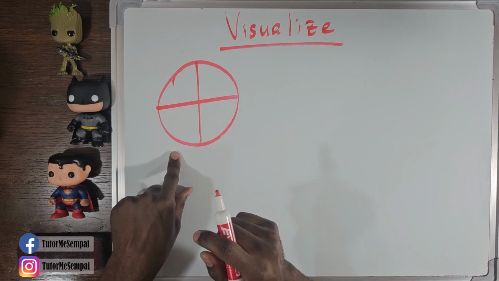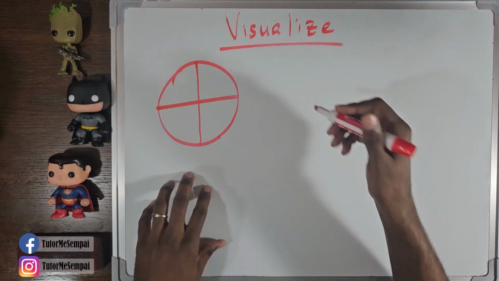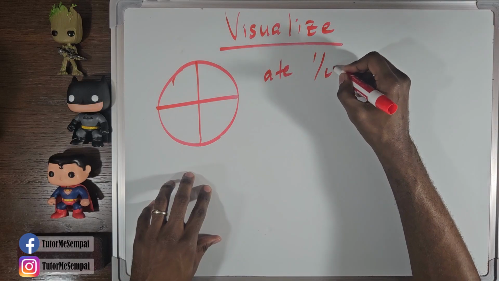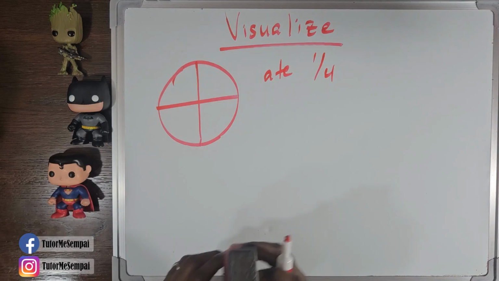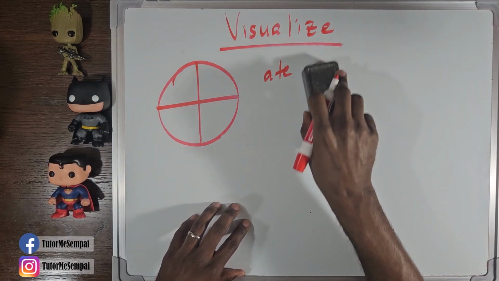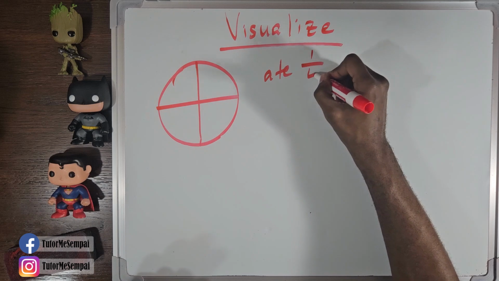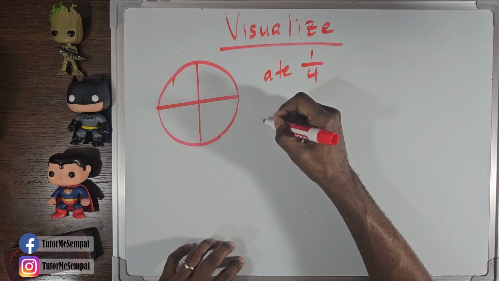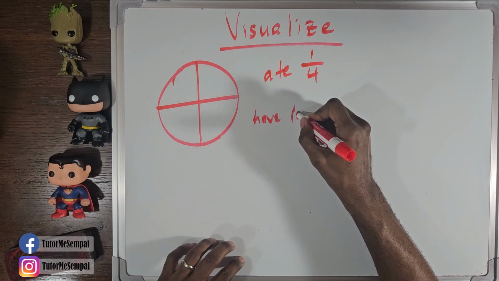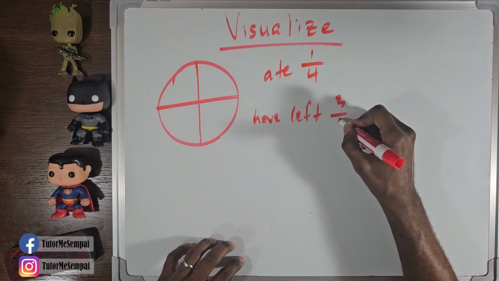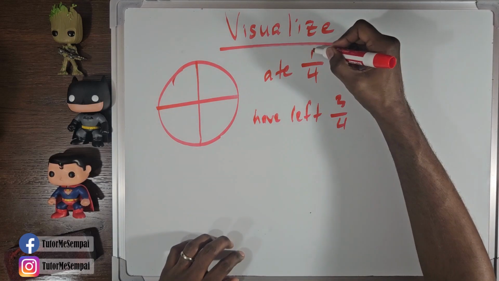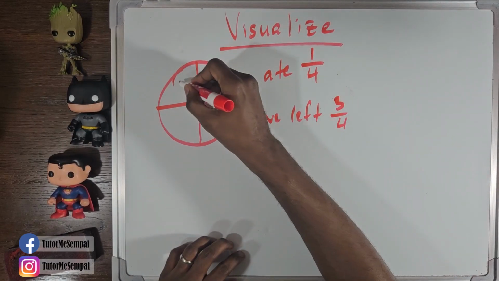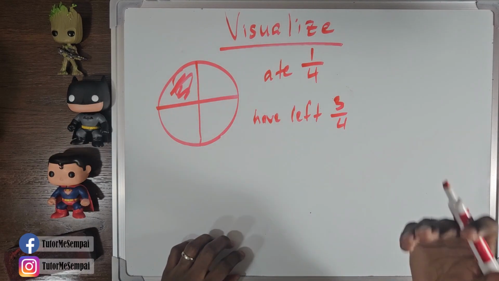I would say I ate 1/4 of the pizza. I have left 3/4 of the pizza. So I ate 1/4 and I have 3/4 left if I ate that slice of pizza.